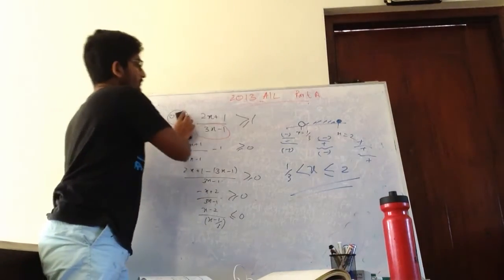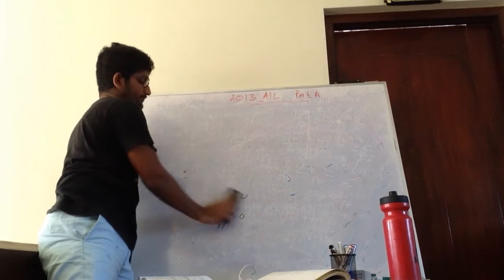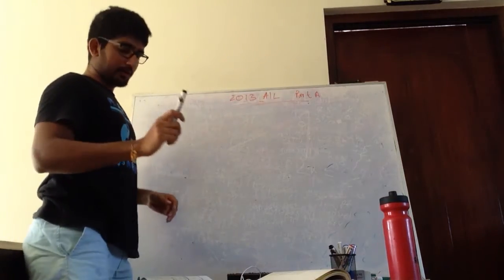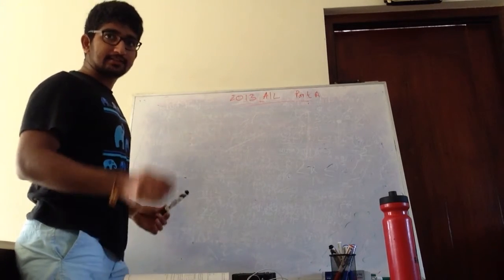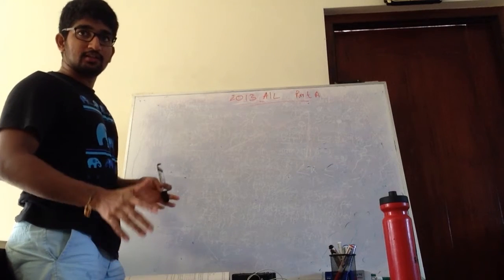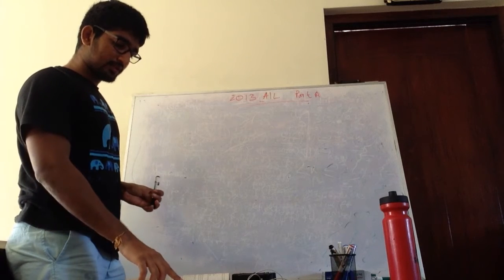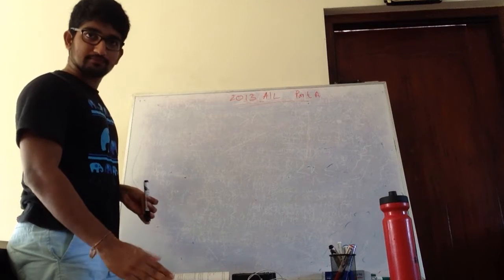So let's go to question number 3. Now in question number 3, they are asking us to find the nth term. Right? They have given the sum of n terms. So the sum of the first n terms in the infinite series is given by this.